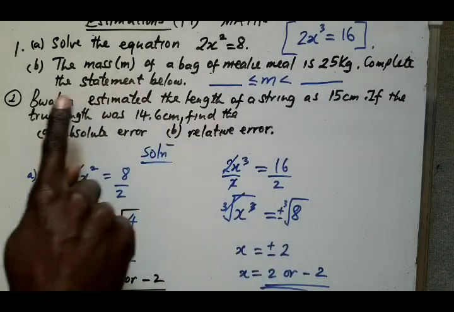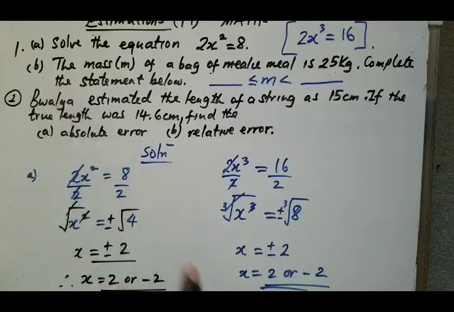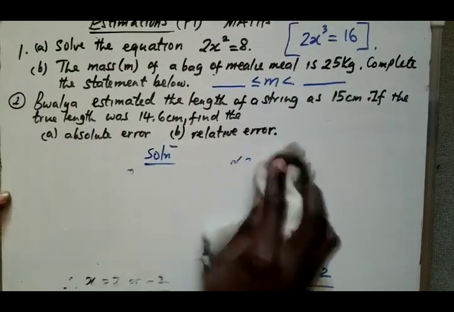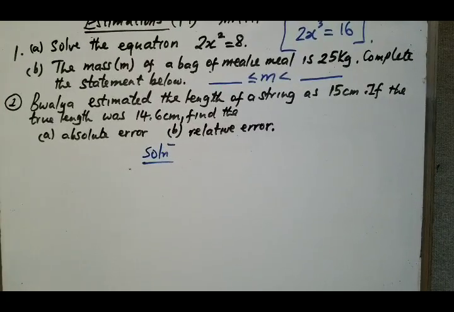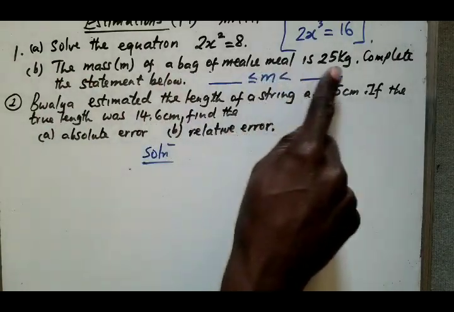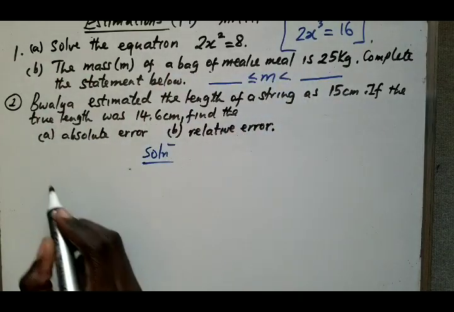So we go back again to errors, so that you are able to see how to go about it. Question number 1b is what we are now going to focus on. So 1b says that the mass M of a bag of meal is 25 kg.